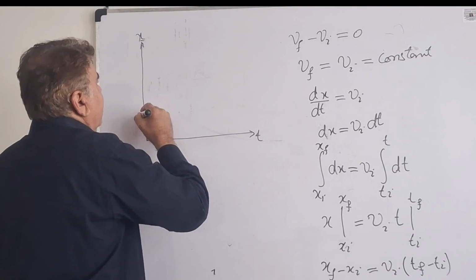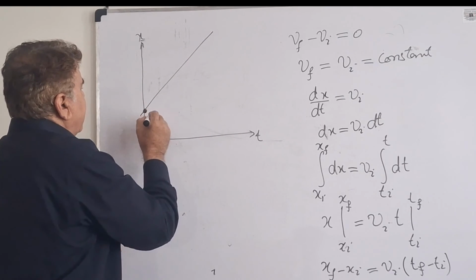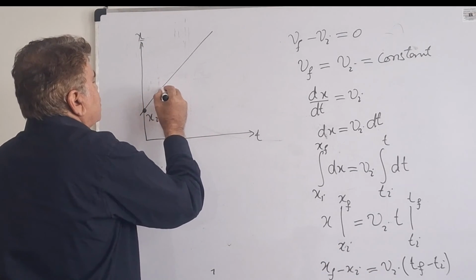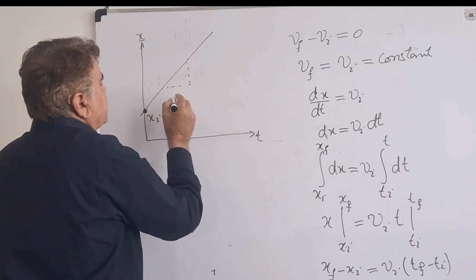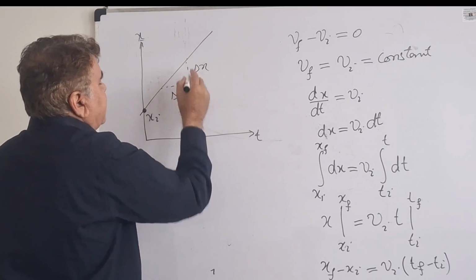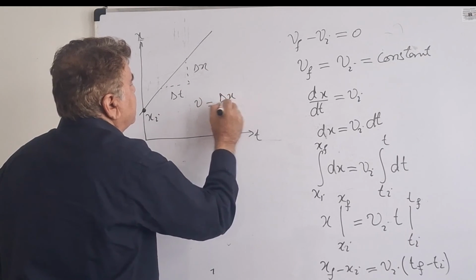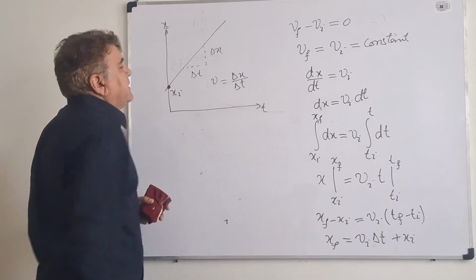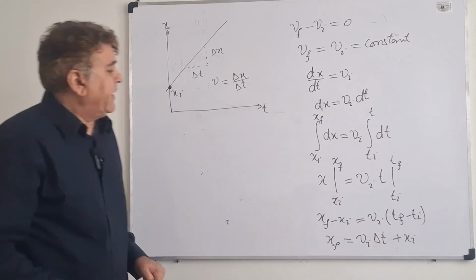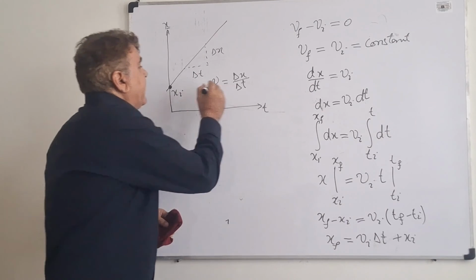Then this is an equation of the form y equals mx plus c, where this is the position intercept equal to xi, and this Vi is in fact the slope, which is delta x over delta t, or rise over run. So this is a straight line equation in the position-time plane with slope equal to the initial velocity Vi.